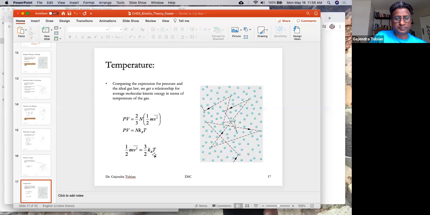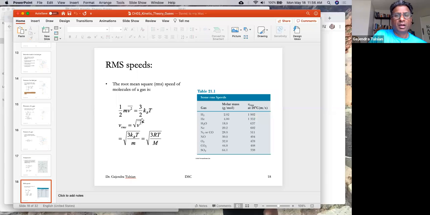From this you can conclude a very important relationship. The average kinetic energy is given by 3/2 kT. From this expression, we define various quantities, various speeds. One of the things we define is the root mean square speed, roughly the average speed. Here's the average kinetic energy equal to that.